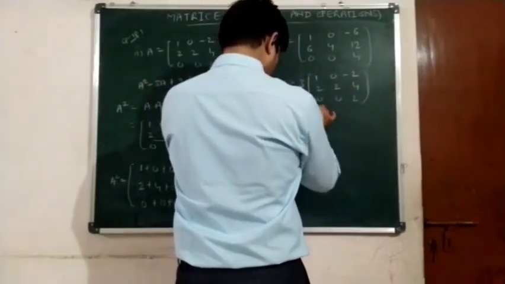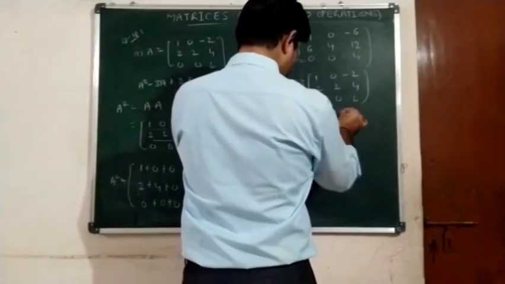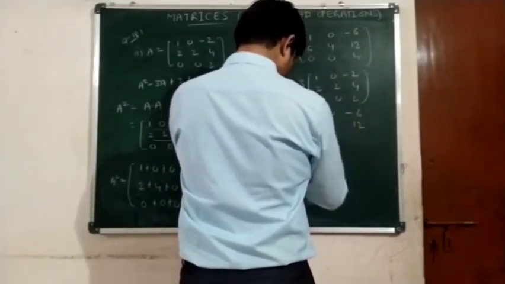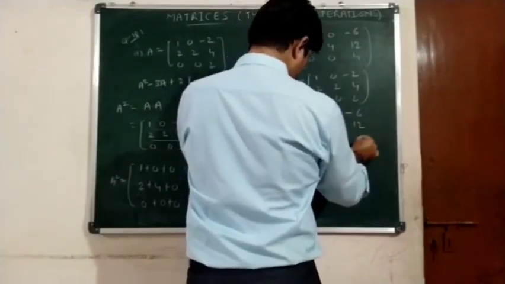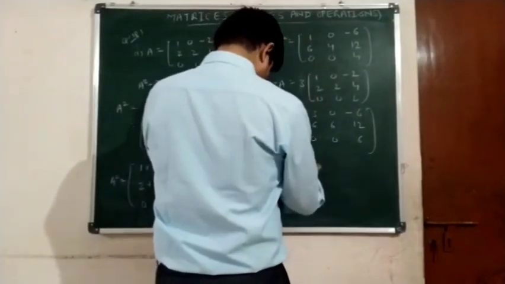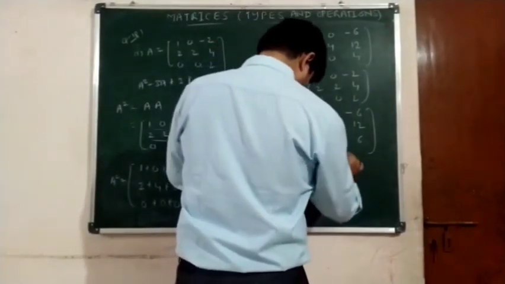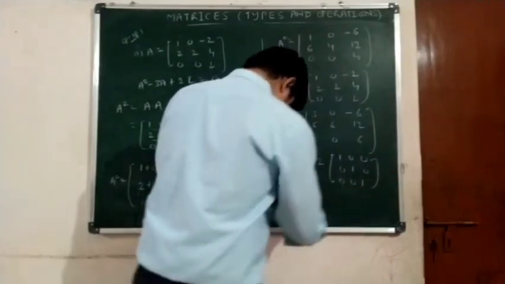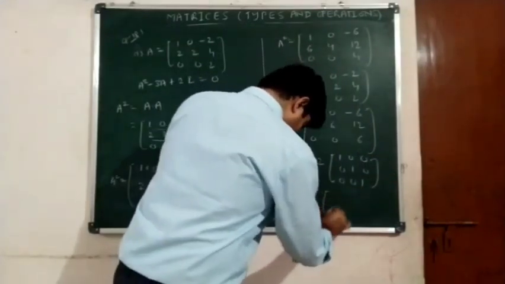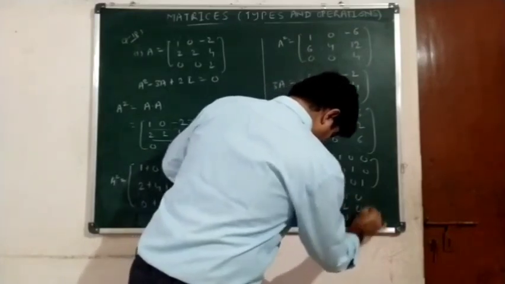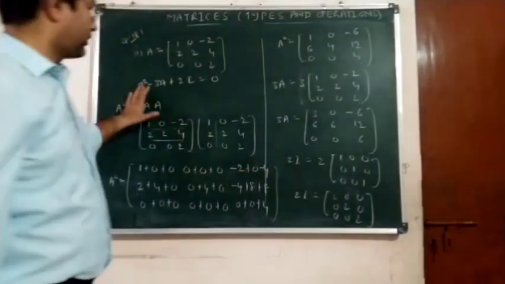Therefore 3A is equal to 3 0 minus 6, 6 6 12 and 0 0 6. Clear? Again 2I is equal to 2 into [1 0 0; 0 1 0; 0 0 1], and therefore 2I is equal to 2 0 0, 0 2 0 and 0 0 2. We got all the three values.